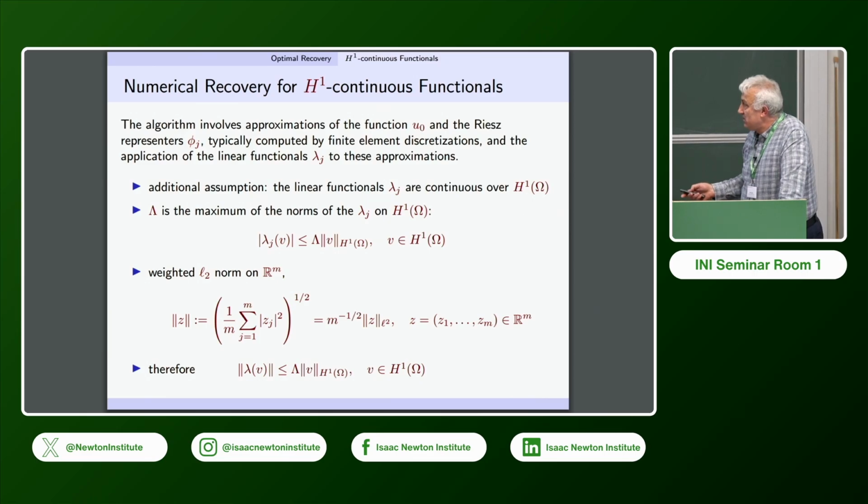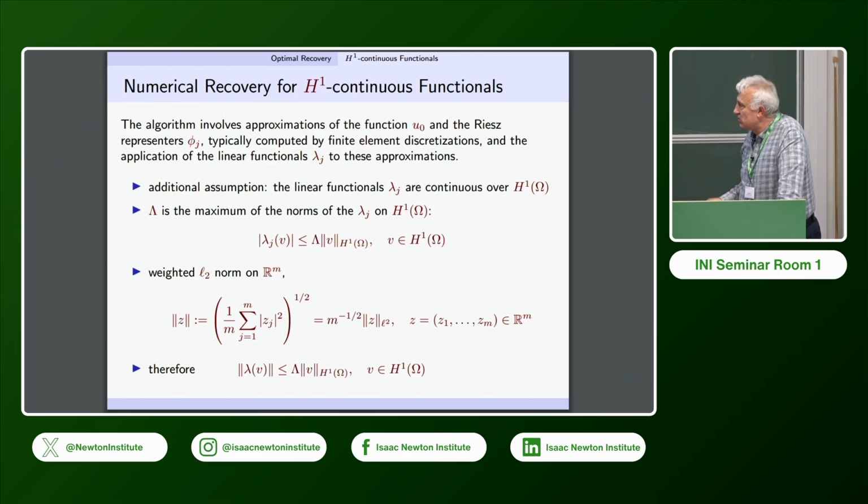So how do we do the numerical recovery? We first have to approximate the U0. We have that the linear functionals are continuous over H1 omega, and in that case, we assume that lambda is the maximum norm of these functionals.